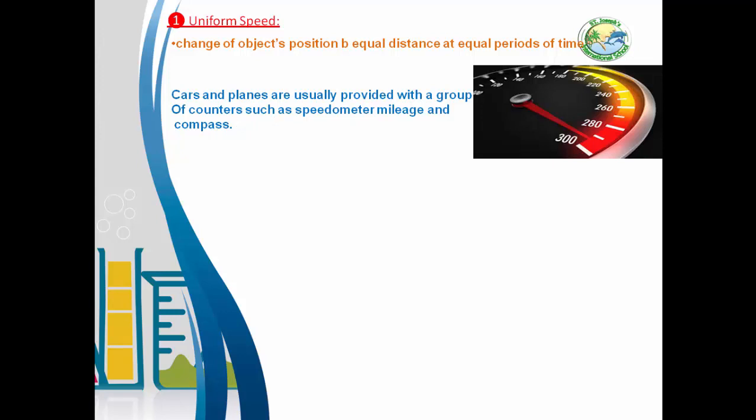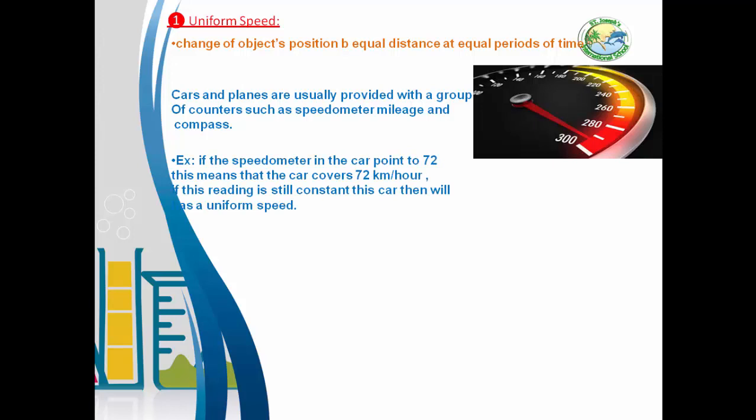If the car covers equal distances in equal periods of time, we can say that this car moves at regular speed or uniform speed. For example, if the speedometer in the car points to 72, this means that the car covers 72 km each hour.